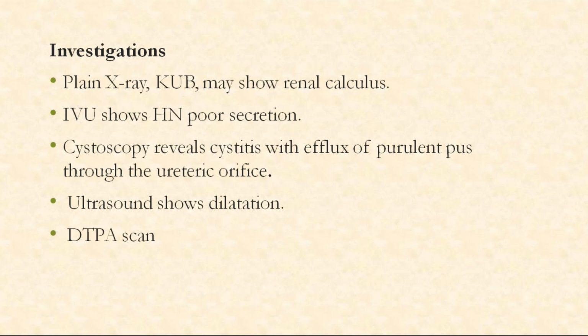So how do you investigate pyonephrosis? You should take a plain X-ray of the abdomen, including both kidneys, ureters, and bladder. Sometimes you can see calculi in either kidney, ureter, or bladder. That is also one of the responsible factors for the development of pyonephrosis.